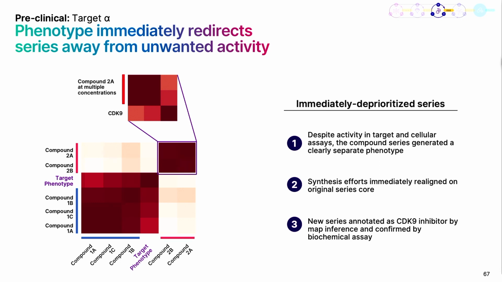We actually went and confirmed in a simple biochemical assay that those compounds were active and inhibited CDK9. So a beautiful example of how we can not just drive the chemistry, but if something goes off the rails, we can understand what it is that we did without having to set up a whole bunch of new biochemical assays to be able to do it.